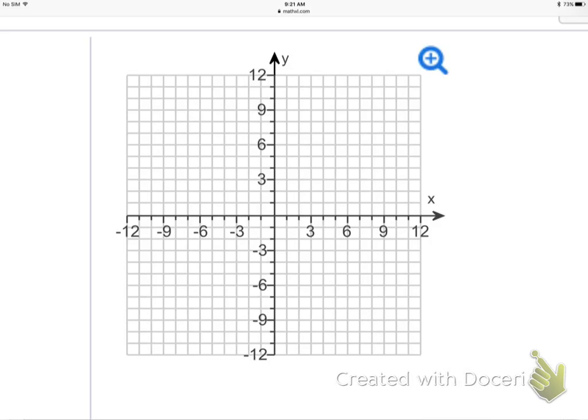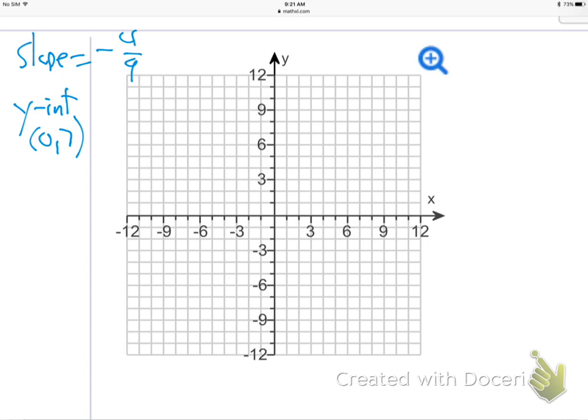So let's try this one. Slope -4/9, y-intercept 0, 7. Try that one. Same kind of thing. They want you to graph. Slope is -4/9, y-intercept is 0, 7. Can you graph that one? So we need the 2 dots, right? The first dot is the y-intercept.